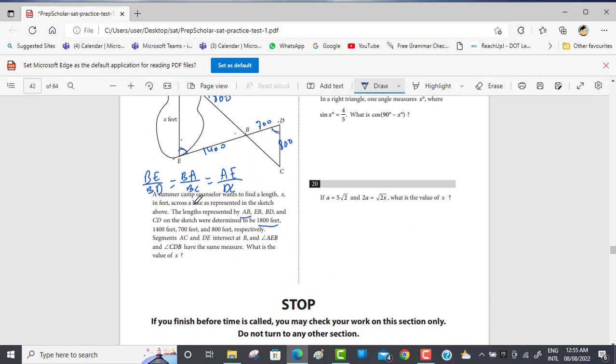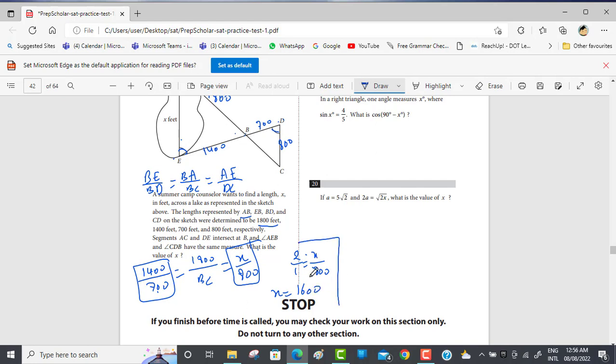After setting up these equal fractions, you can say BE, which is 1400, over BD, which is 700, equals BA, 1800, over BC, which is unknown, equals AE, which is x, over DC, 800. We can take these two fractions as two equal fractions. 1400 divided by 700 is 2 over 1, equal to x over 800. So by using cross multiplication you will get x equals 1600, and that's how you solve it.